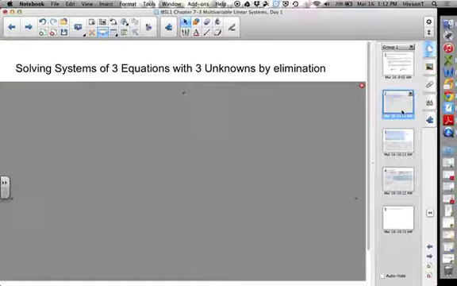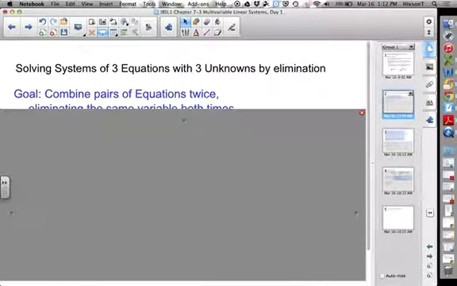You might also hear people refer to this as a linear combination, or they might call it adding multiples of equations. There's a couple of different names for this, but elimination is a common one. And the idea is this, okay? We're going to take the three equations and we're going to pair them up.